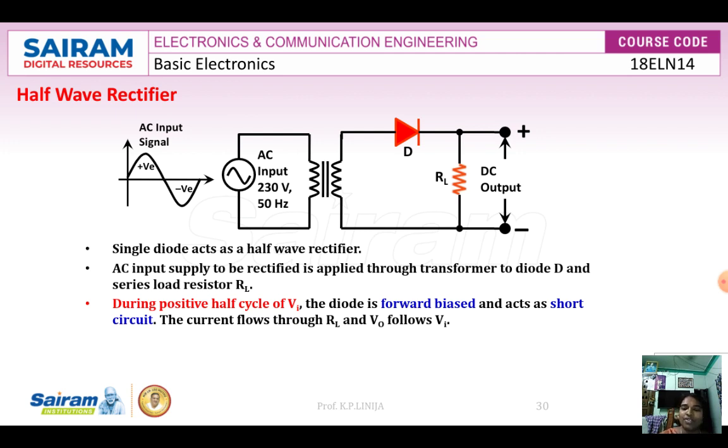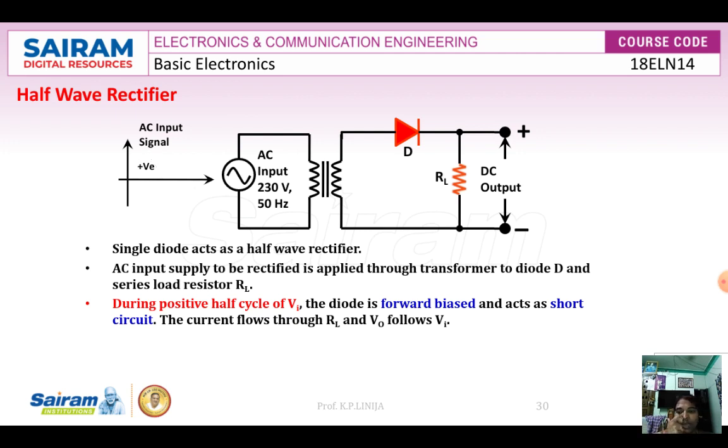Whenever the diode is forward biased, it acts as a short circuit, and the current flows through the load resistor RL. Therefore, whatever input we give, we get as output. So V0 follows Vi as a half wave rectifier in the positive half cycle.